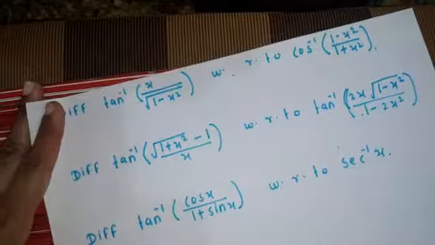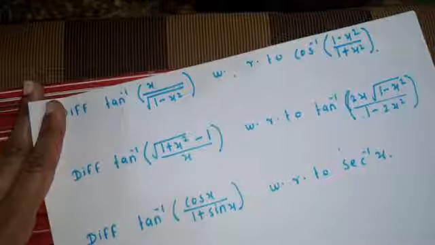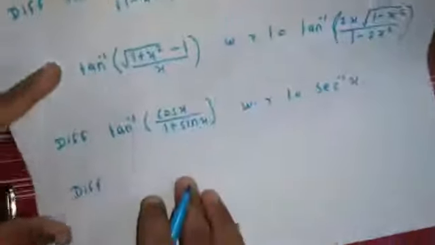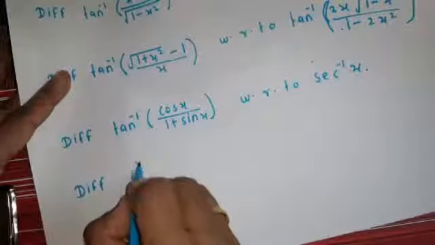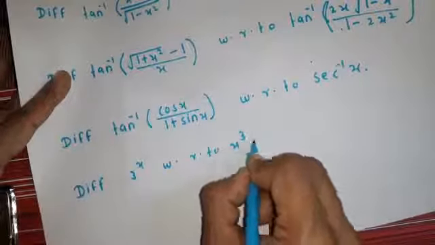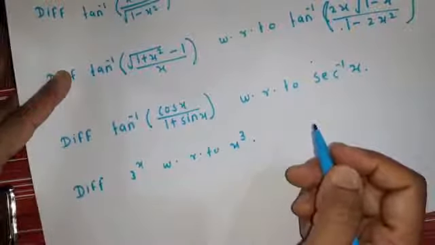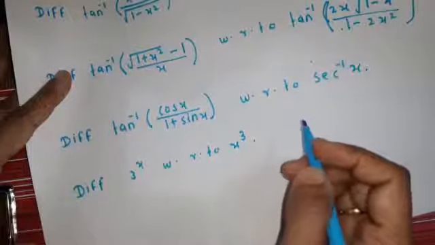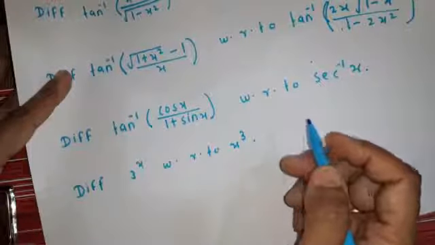And one more problem, that is, differentiate 3 raised to x with respect to x raised to 3. Okay, so students, these are some problems that you have to solve.